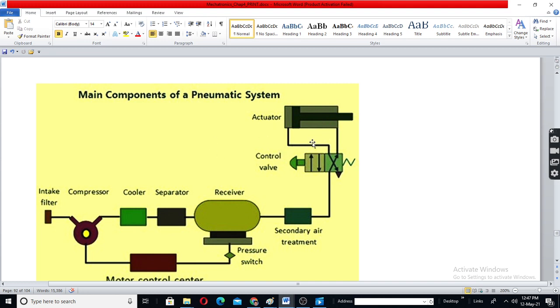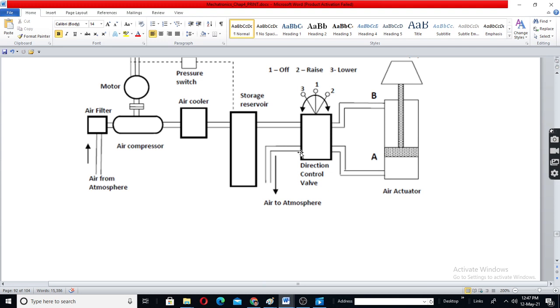It can be a single acting or double acting cylinder according to how you design. See, this is the valve. Three-way, one inlet, two outlets, port A and B. If you direct towards port B, the piston will move downward, and from here the extra air will come out, that you will release to the atmosphere.